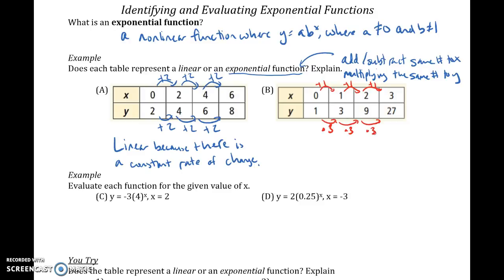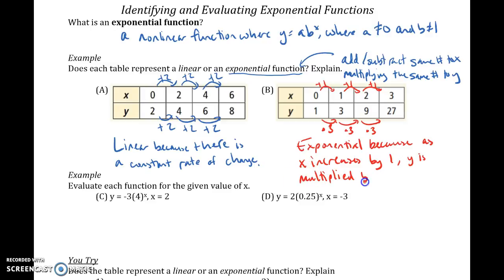So this is an example of an exponential function.